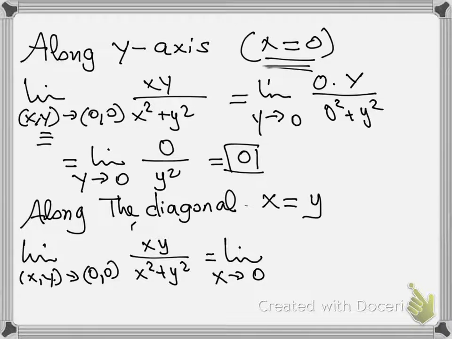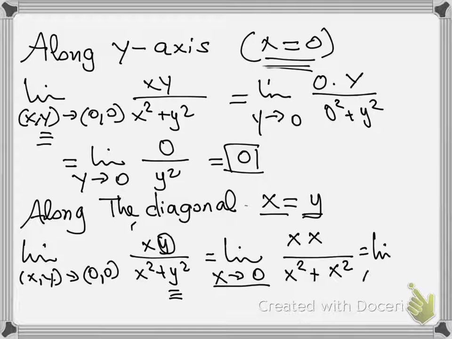So we have the limit as x approaches 0 of what? x times y, and y is equal to x along the diagonal, so that's another x here, over x squared plus y, where y is equal to x, so that's x squared. So that's the limit as x goes to 0 of x squared over x squared plus x squared. That's 2x squared, so the x squared cancels out. Then the limit is equal to half.